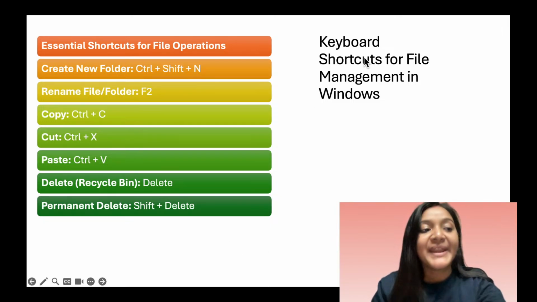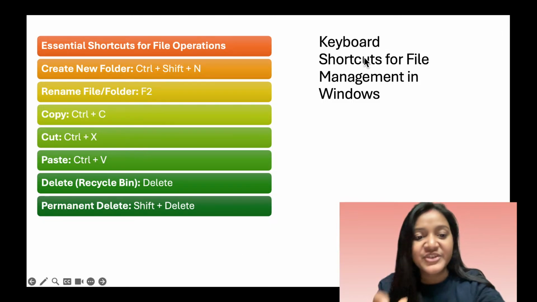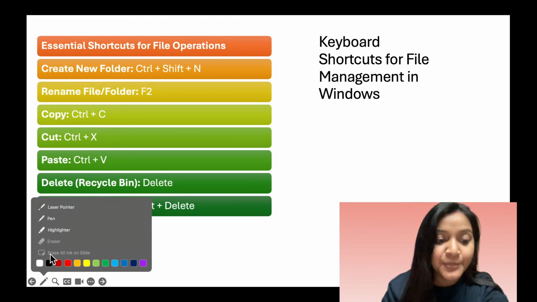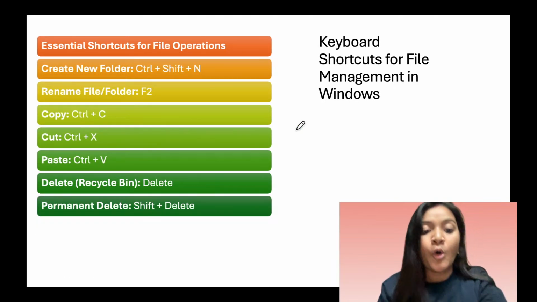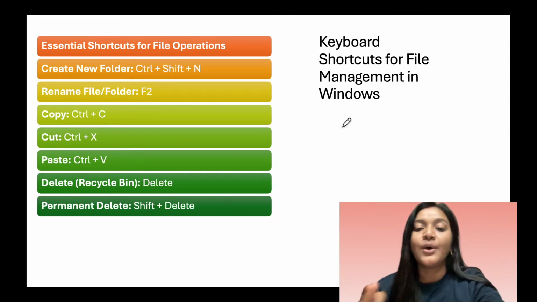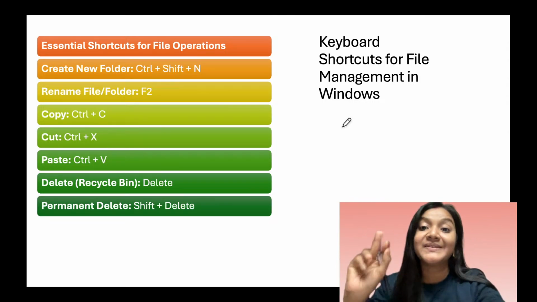Many of you might know the keyboard shortcut Control plus O, right? Control plus O is the keyboard shortcut for opening a file. You simply press those keys on your keyboard and that operation is triggered.